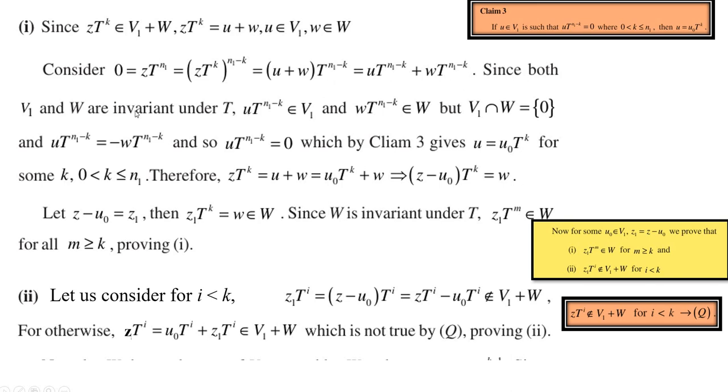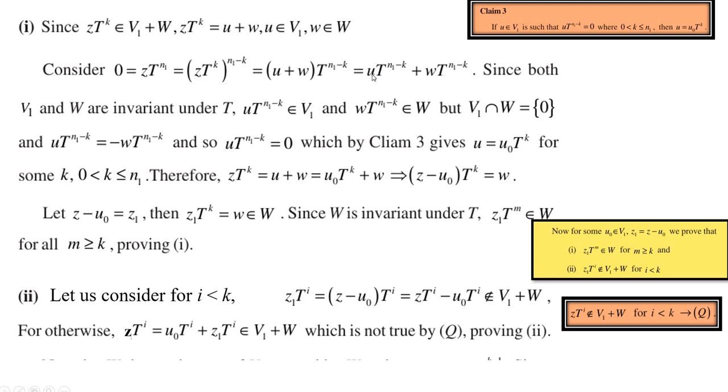So by the homomorphism condition, you have this. And since both V1 and W are invariant under T, U T power N1 minus K should belong to V1. And because U belongs to V1, U T power N1 minus K should belong to V1 only. Similarly, W is invariant, so you have this also belonging to W. And you know that V1 intersection W is the singleton 0.